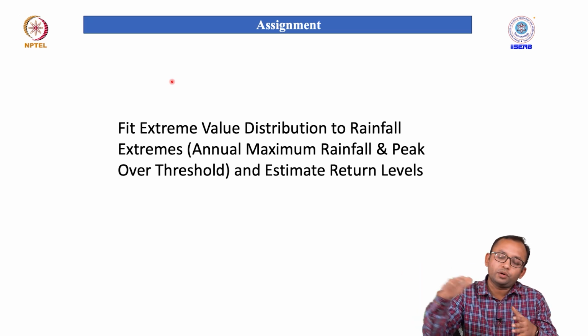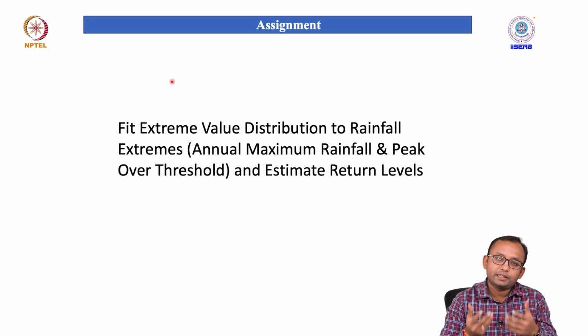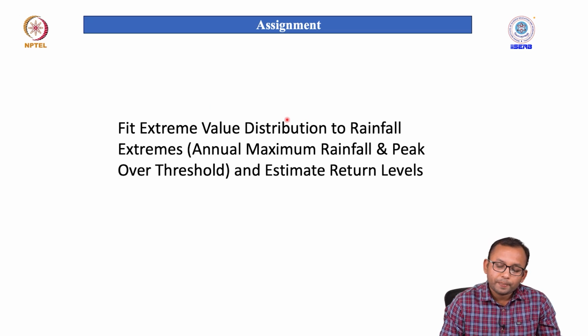You can draw a threshold, find how many peaks there are, and estimate the probability of occurrence of different rainfall extremes, for example the probability and magnitude of 100-year rainfall events, and different magnitudes for different probabilities. You can try using Python, R or MATLAB.